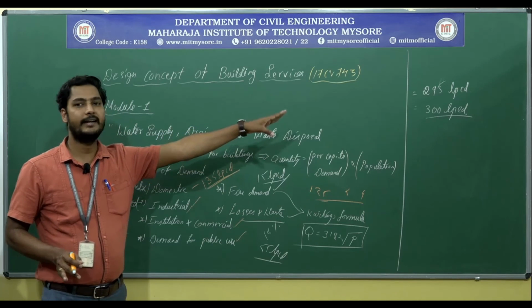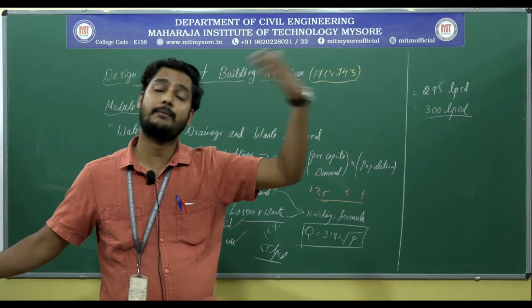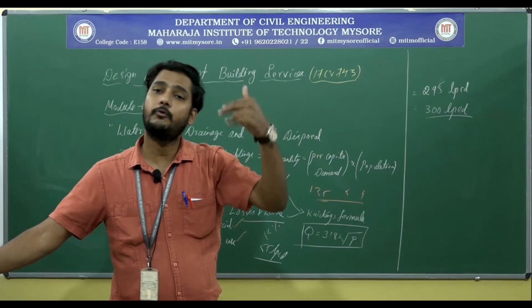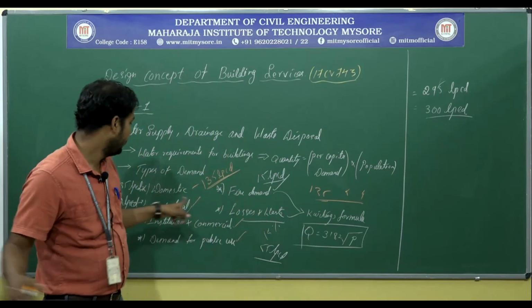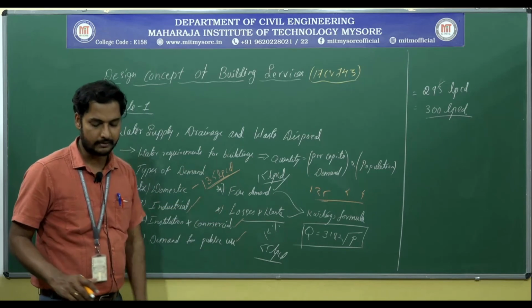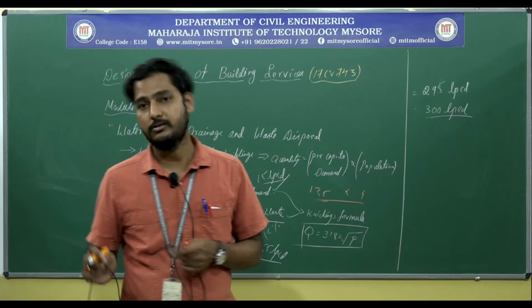If we have a population of 1 lakh, then 300 into 1 lakh is the water required for all these demands. This is how we calculate the water quantity requirement.